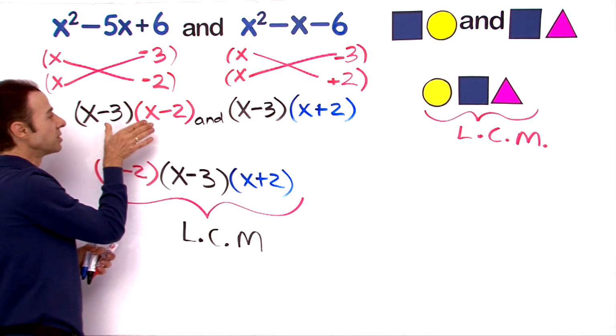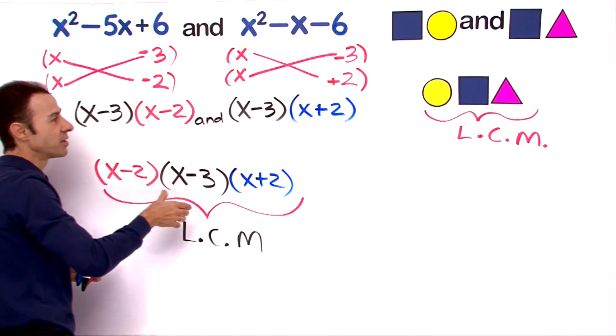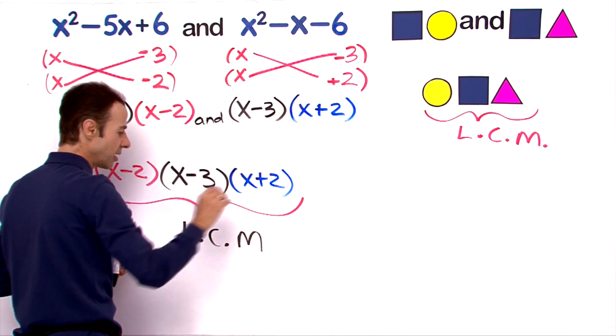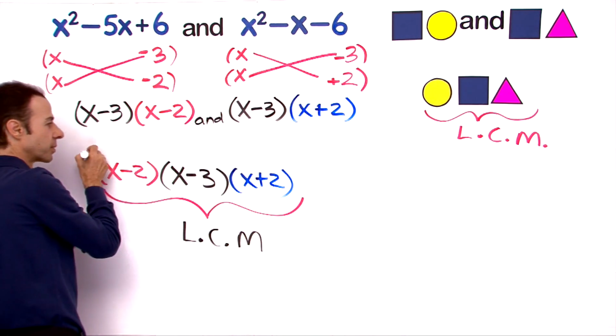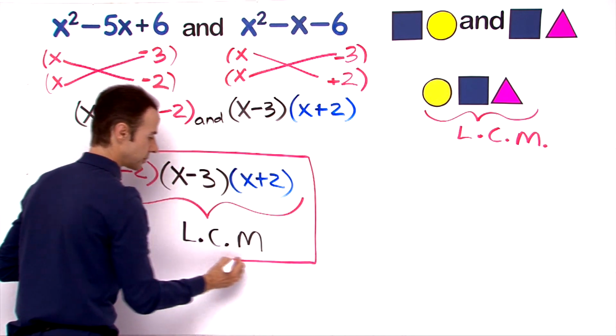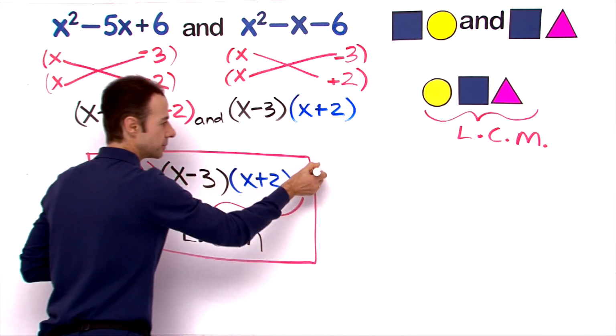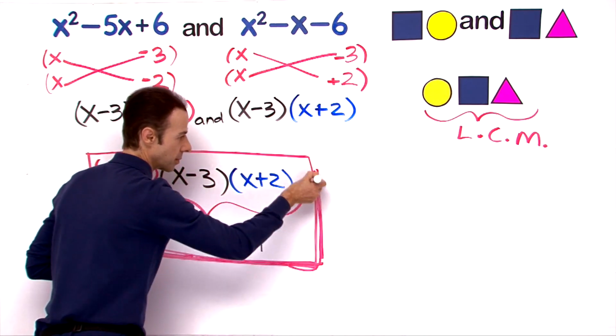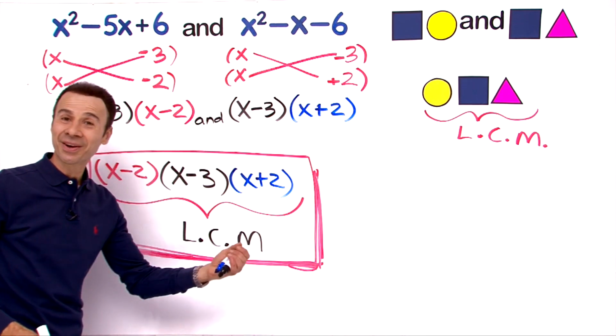Why? Because you can divide these two exactly into this because they're multiples, and these two exactly into that. So altogether, the lowest common multiple, and there you go.